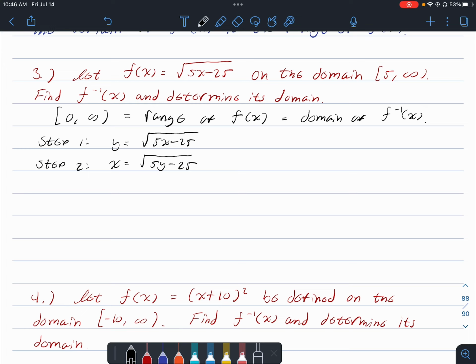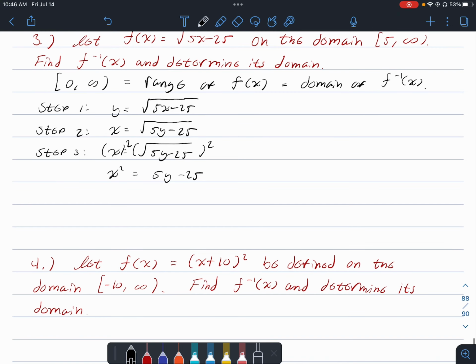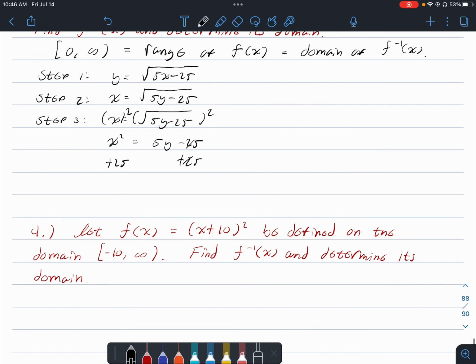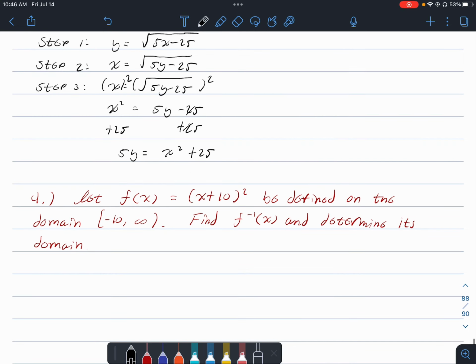So now, step 3, we solve. We have x equals the square root of 5y minus 25. Now we can square both sides. So we'll get x squared is equal to 5y minus 25. Now we can add 25 to both sides, and we get 5y is equal to x squared plus 25.